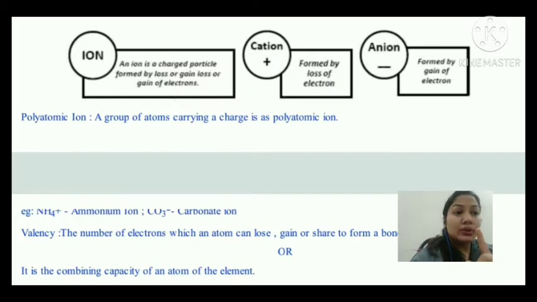As I already told you in the structure of atom, in an atom the number of protons and the number of electrons are always the same. If an atom of any element has 8 protons, the number of electrons will also be 8. Remember this. Both will be the same, 8 and 8.